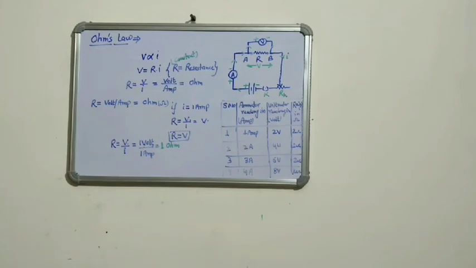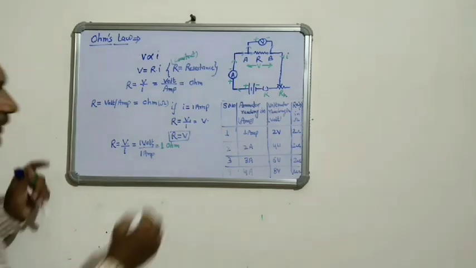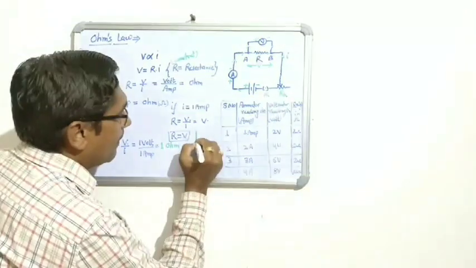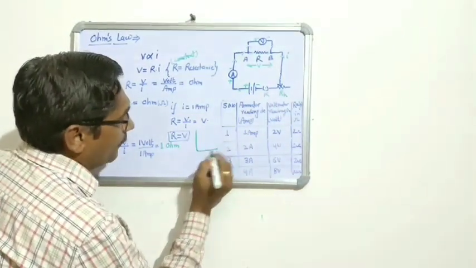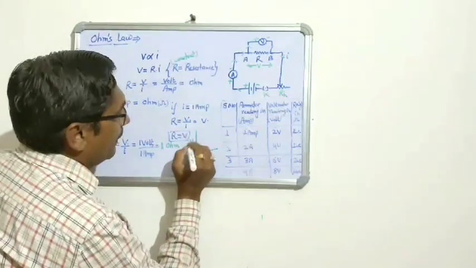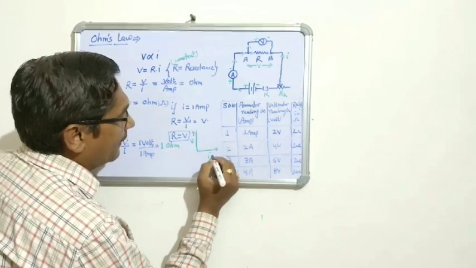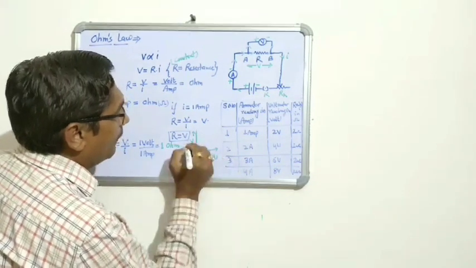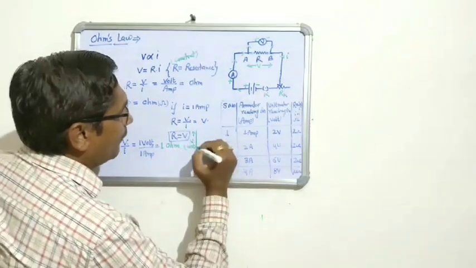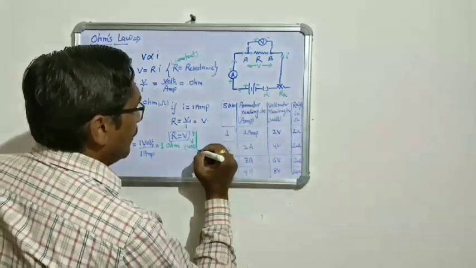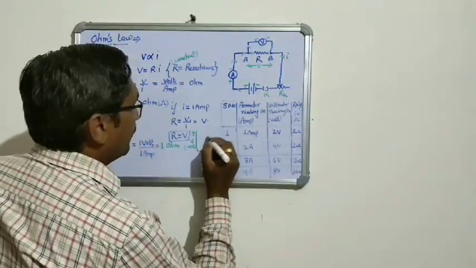Now we plot the graph between V and I. Suppose we take voltage on the y-axis and current along the x-axis, in volt and ampere. Then we observe the graph: 1st point, 2nd point, 3rd point, 4th point.